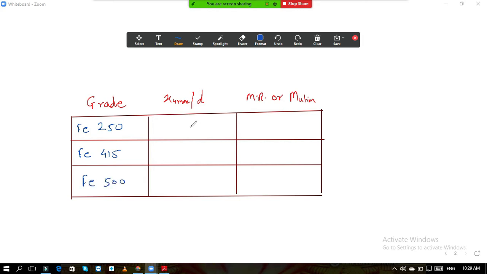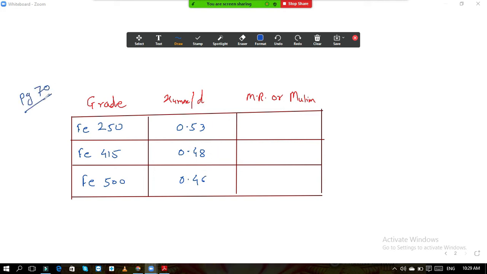For Fe250 the Xu max by d ratio is 0.53, for Fe415 it is 0.48, and for Fe500 it is 0.46. It is not necessary to memorize these values; they are given in the IS code on page number 70.